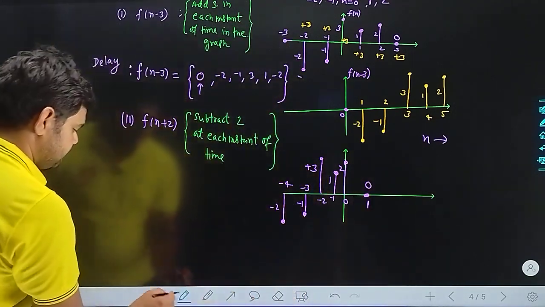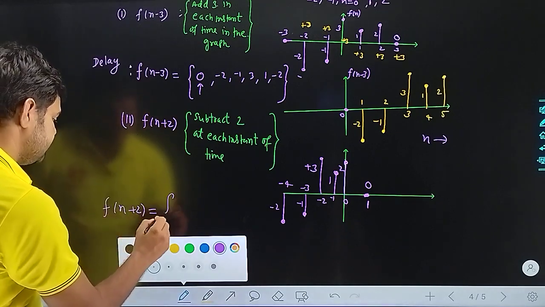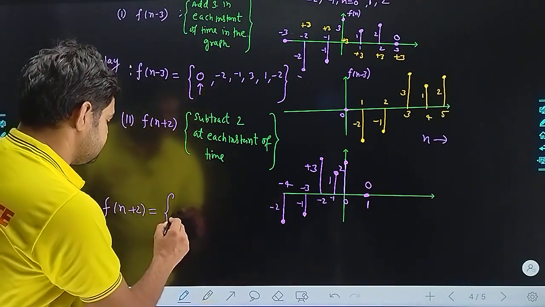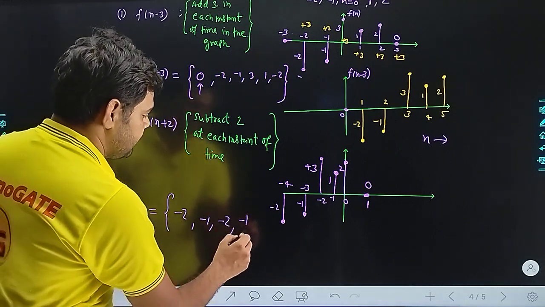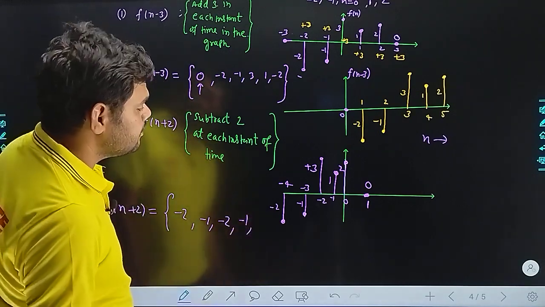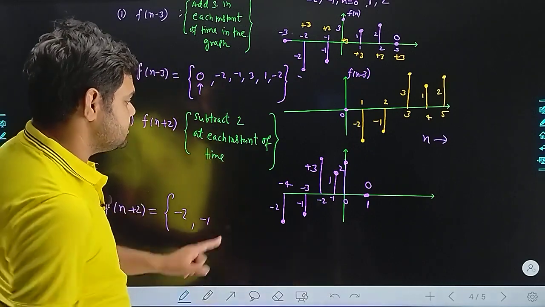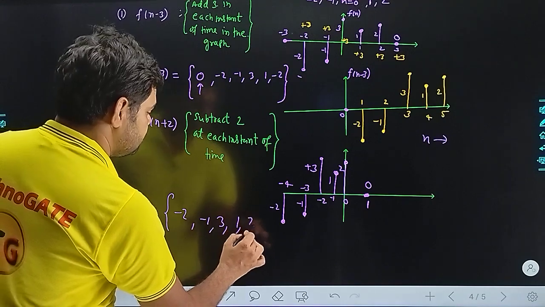So you may clearly represent this f of n plus 2 as, see, at -4 it is -2, comma -1, comma -2, comma -1. Did I make a mistake? Yes. -2, -1, comma 3, comma 1, comma 2.